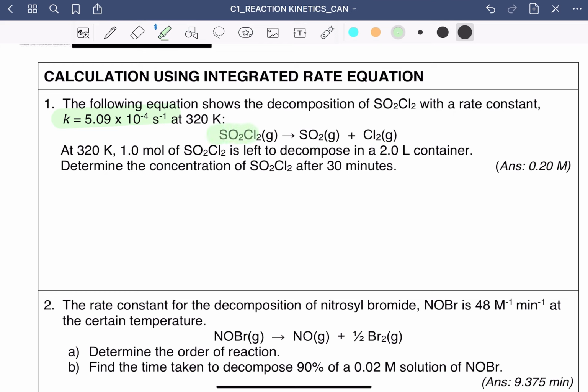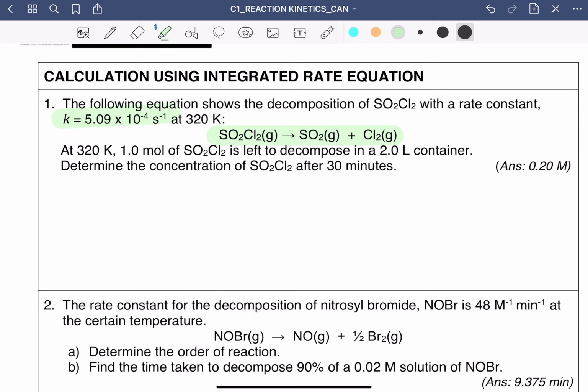And you are given the equation as well. Now at 320 K, 1 mole of SO2Cl2 is left to decompose in a 2-liter container. Determine the concentration of it after 30 minutes.